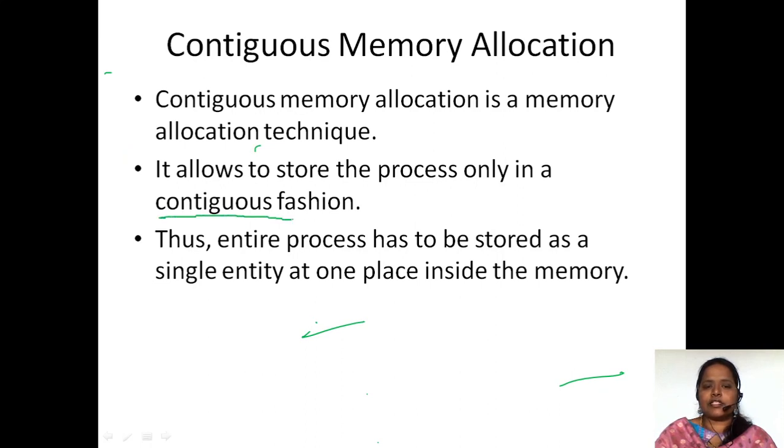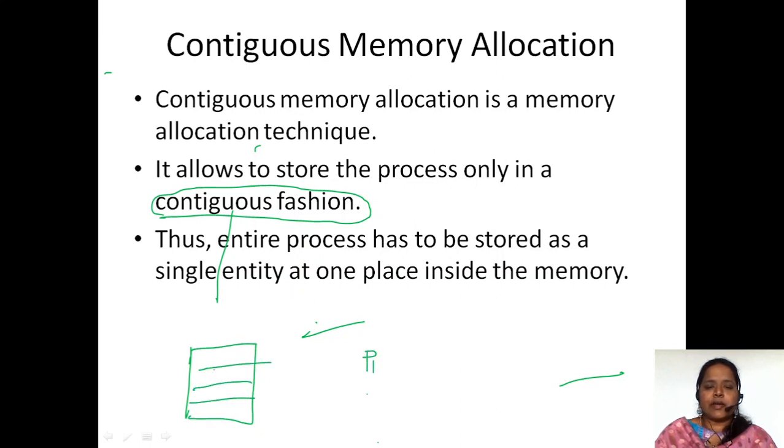As I said before, if I want to store P1, P1 will be stored at a single place only. Half of P1 here and half of P1 there will not be stored like that. So the total P1 will be stored at a particular place only, that means continuously.